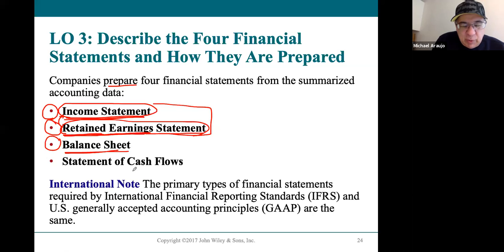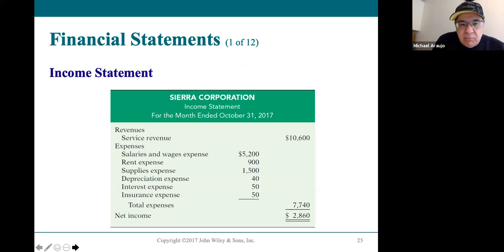And the statement of cash flow we will do in Accounting 102 and managerial accounting. Okay, it's very, very important to understand that there are only two types of accounts that go on an income statement. An income statement measures profit and loss.